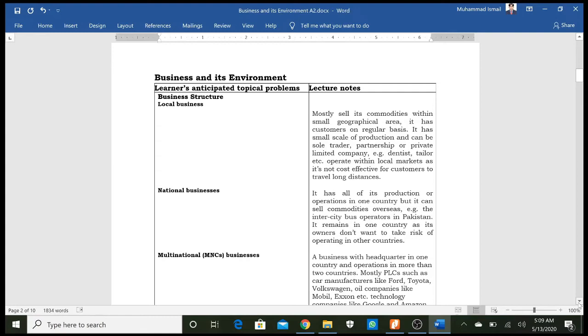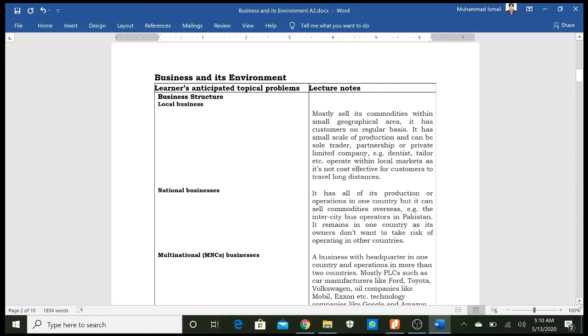It has small scale of production, and mostly these are sole traders, partnerships, or merely private limited companies. Best examples are dentists, tailors, etc. Why?